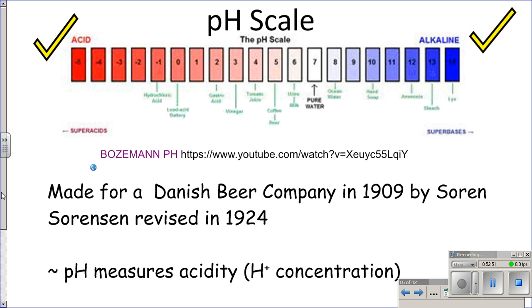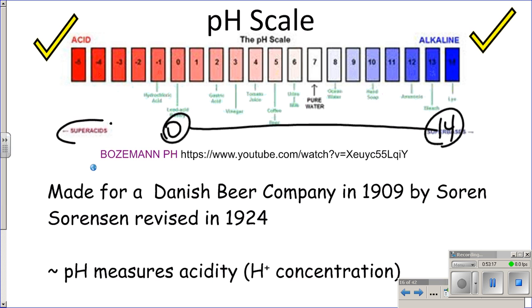Okay. So, we've all heard of the pH scale. What does it range from? 0 to 14 is what most people would say. But 0 to 14 is a little bit of a lie. There are such things as superacids and superbases. 0 to 14 is our general scale, but there are superacids that have negative pHs, and then we'll have things that are like 15, 16.